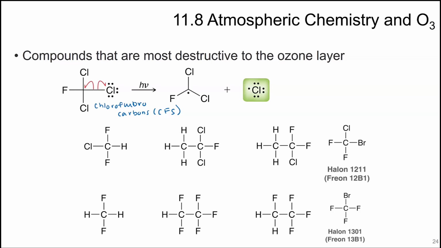CFCs were used a long time ago in refrigerants, and when refrigerators were thrown away, these things made it into the atmosphere. So there's CFC substitutes that generally will decompose before reaching the ozone layer. So these are the ones here that are less stable, and these are the halogens that are used now to fight fires because it deprives the fires of oxygen.